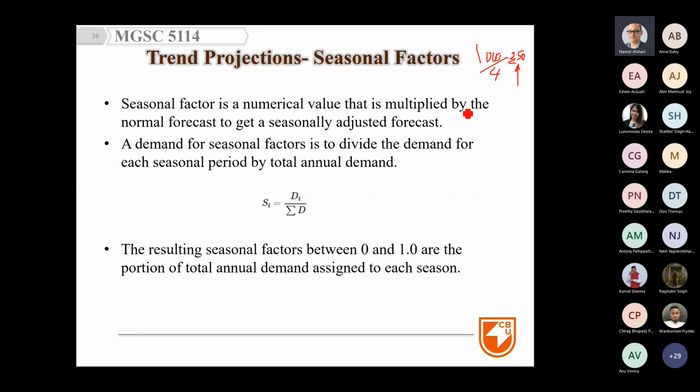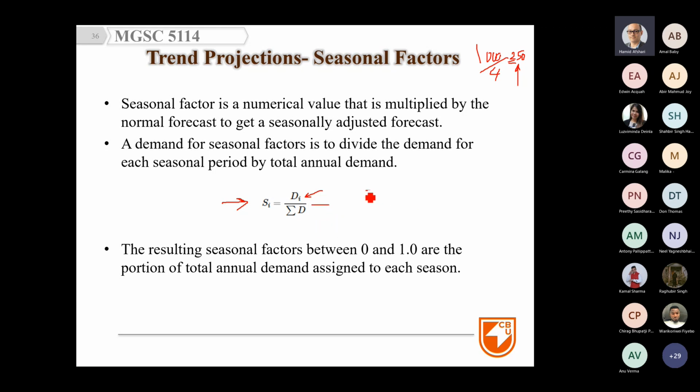There are two methods that you can use, okay? And I'm going to explain them here. The first method is calculating the seasonal factor. Seasonal factor is calculated as the demand of a certain season divided by the demand of all seasons.